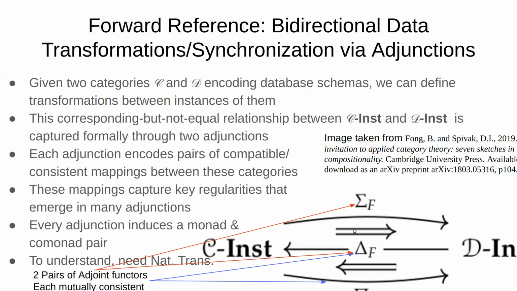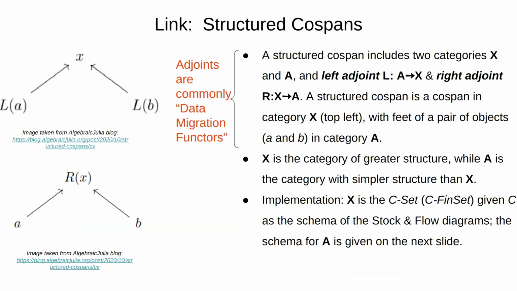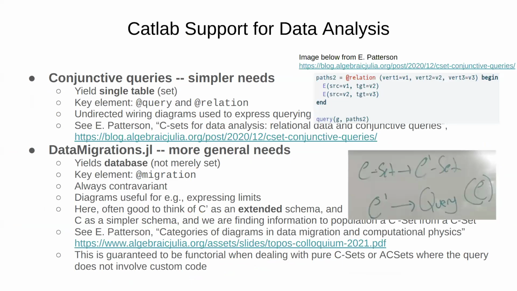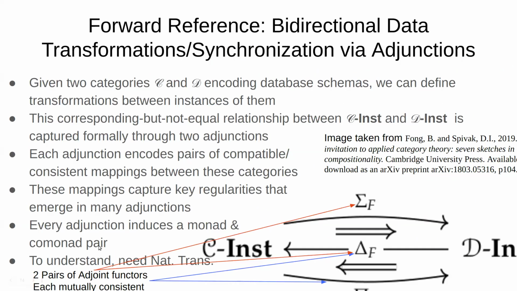They follow logically from it. That's not the only way to go from a C instance to a D instance, or D instance to a C instance. There's other ways too. These are just the canonical ways. So they're always there, completely well-defined, and result automatically if you define a mapping of the schemas.